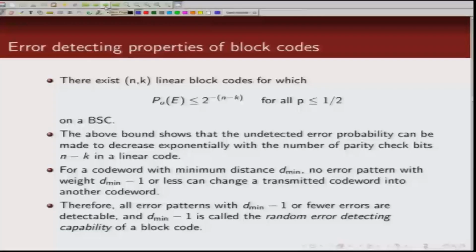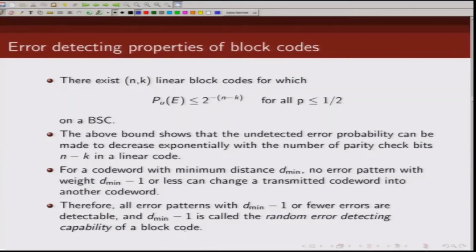What does that mean? It means that we can actually detect any error pattern of weight up to d min minus 1. So, all error patterns of weight d min minus 1 or fewer errors are basically detectable, and this is also known as random error detecting capability of a linear block code.